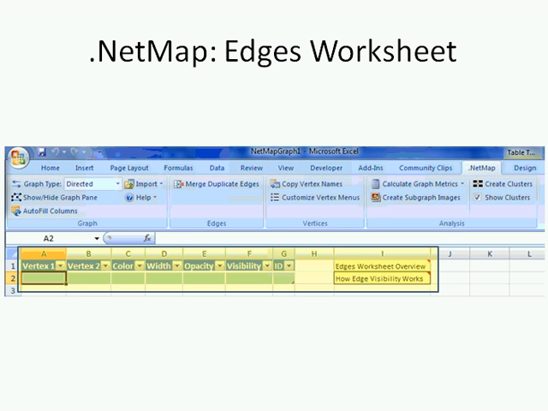So what you need to do is click on that circle button, the new button they've added to Excel, up in the upper left-hand corner, and select New, and you will be given the option to create a new .NetMap template. If you select that, you will then note that the .NetMap menu item is visible. You can then paste your data where it says Vertex 1, Vertex 2. If you simply pasted your data right there, it would work just fine.